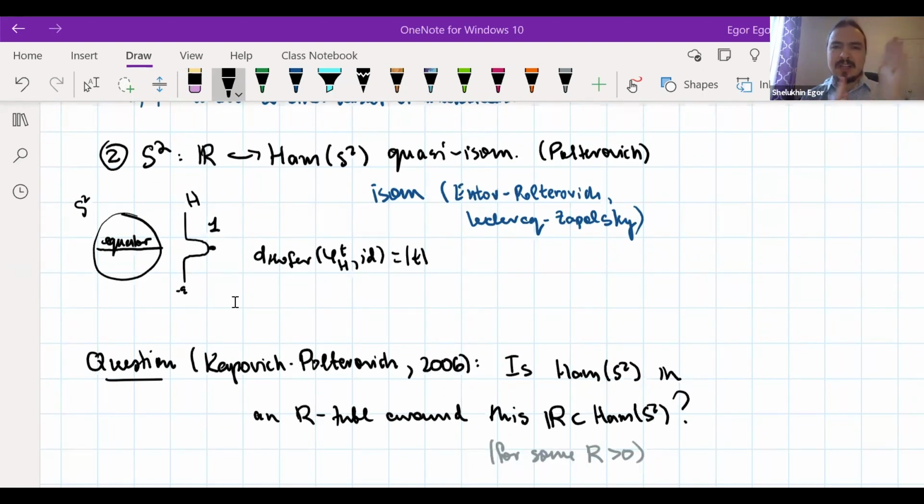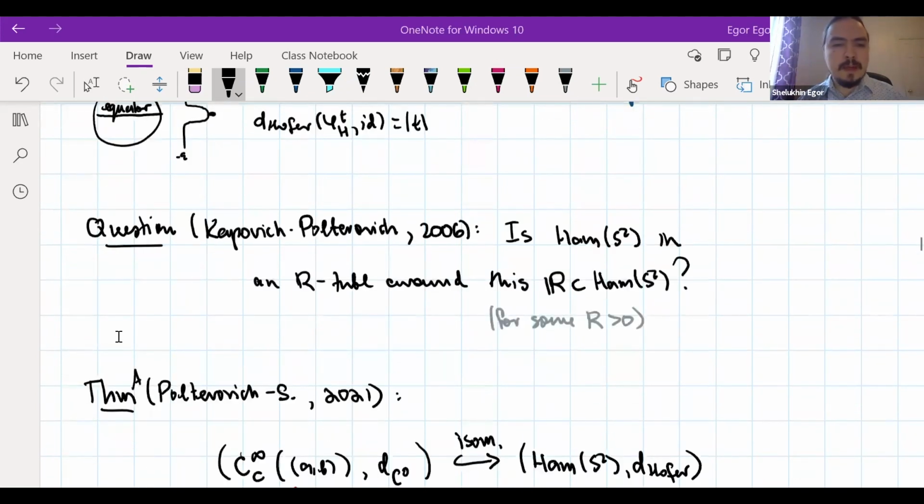We adjust it a little bit so that it has zero mean, but still has C0 norm 1 and still is equal to 1 on the equator. And then the Hofer distance of the time t flow of this autonomous Hamiltonian will be actually just t from the identity. So in fact, it's an isometric embedding.